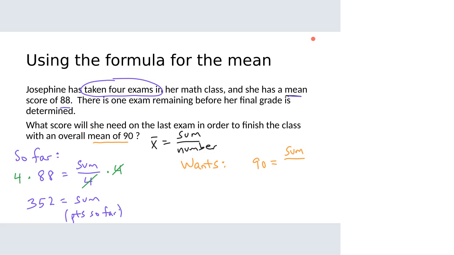Okay, interesting. So 352 is how many points she's earned so far. Remember what the formula for the mean tells us. It's the sum of the data points divided by the number of data points.